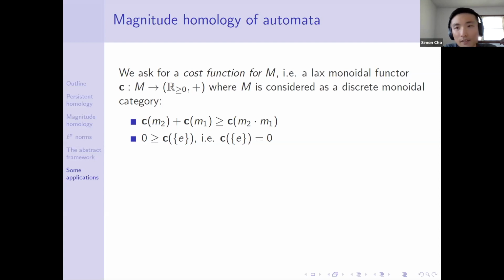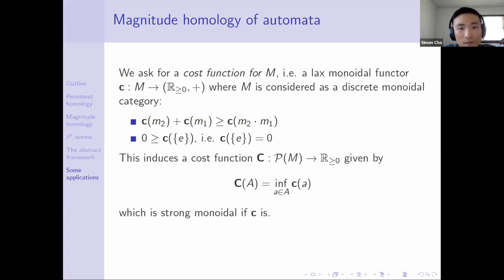And the cost of enacting the unit transition, so doing nothing, should cost 0, which is definitely sensible. So this induces a cost function on the power set of M, where you just take the infimum of the costs, so the cheapest element.